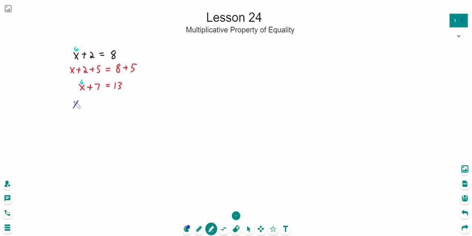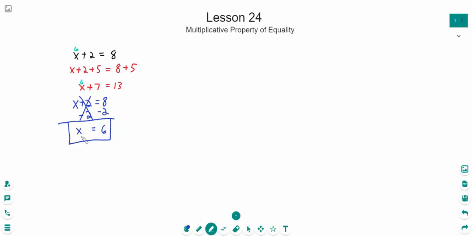So again, I'll just rewrite the equation. x plus 2 is equal to 8. If I'm going to add that -2 to this side, I have to do it to this side. And then combining these, we recognize those drop out, they disappear, and we have 8 minus 2, which is indeed 6. So by using the additive property of equality, I was able to produce an equivalent equation which has x all by itself.